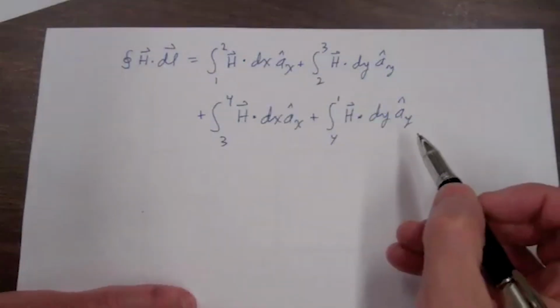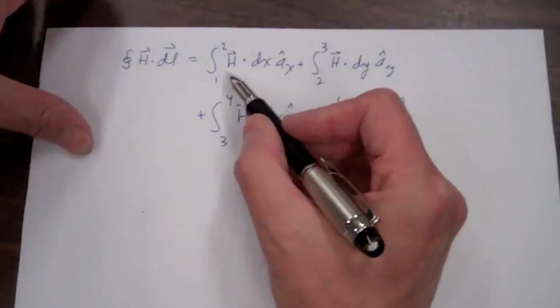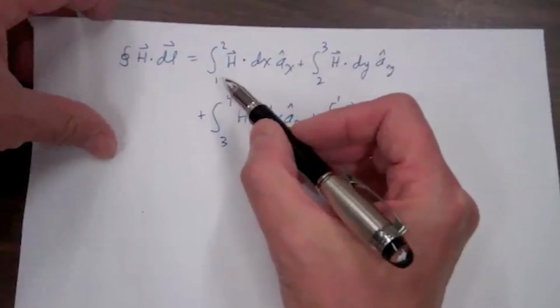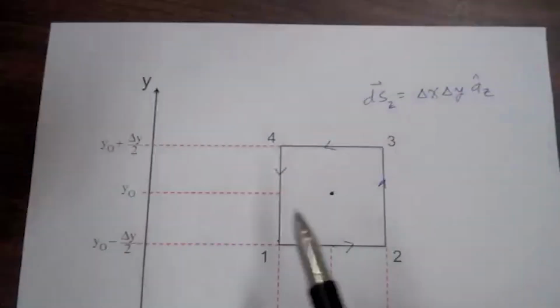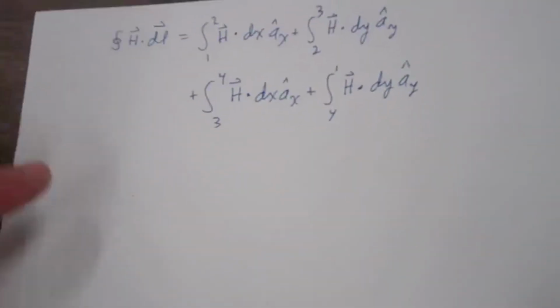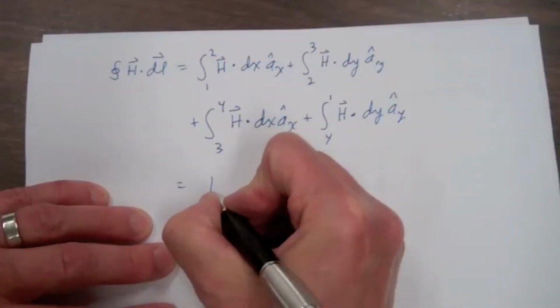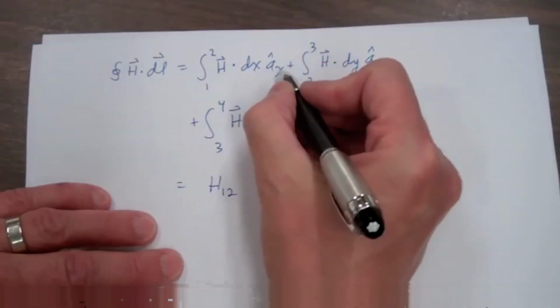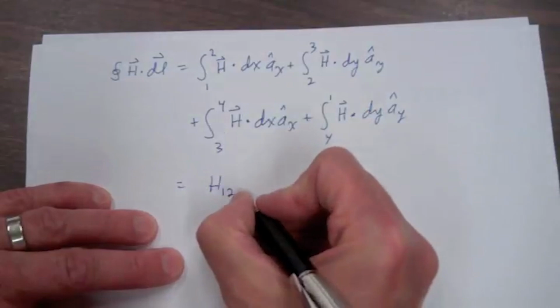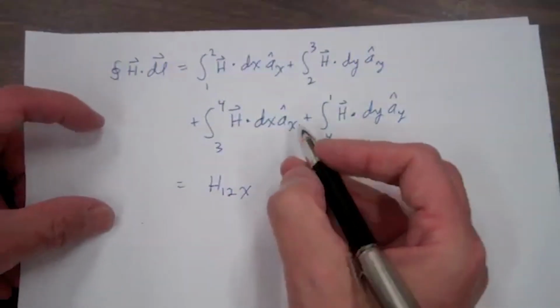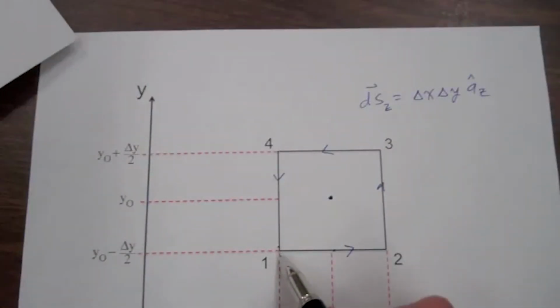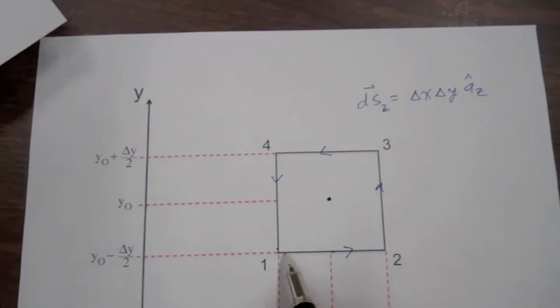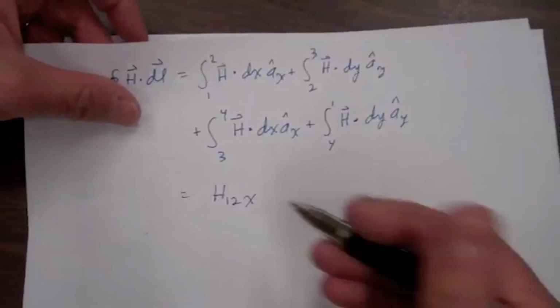Let's evaluate these integrals. So starting with the integral of H dot dl on the line segment going from 1 to 2, we'll have the value of H on line segment 1 to 2, but we're dotting it with a sub x, so we will only get the x component. And then we're integrating dx from 1 to 2, so we'll just get the length of this line segment, which is delta x.